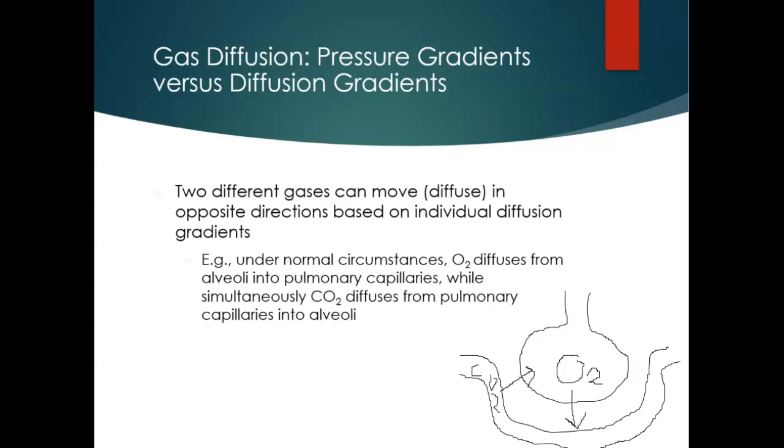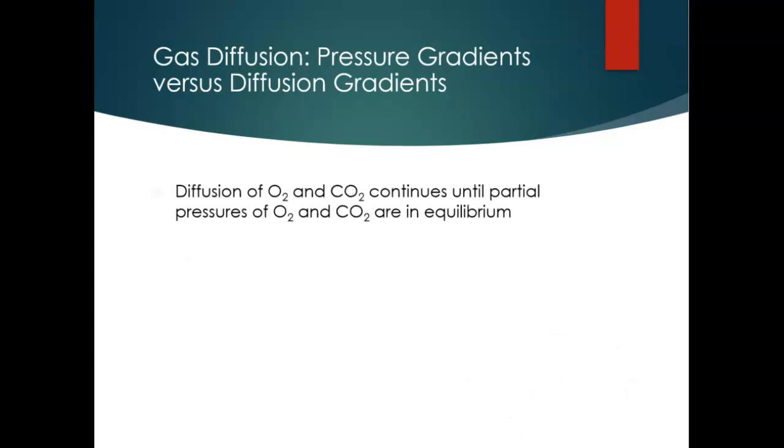Okay, so this is going to keep happening until you see the diffusion or those partial pressures equalize. So once my CO2 in my blood matches the amount of CO2 in my alveoli, that diffusion is going to stop.